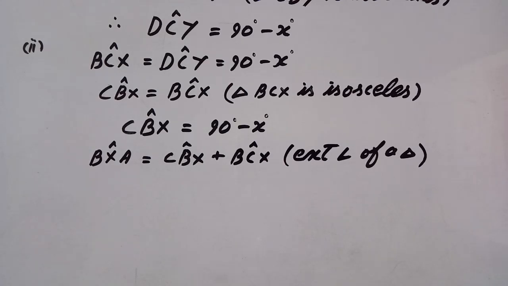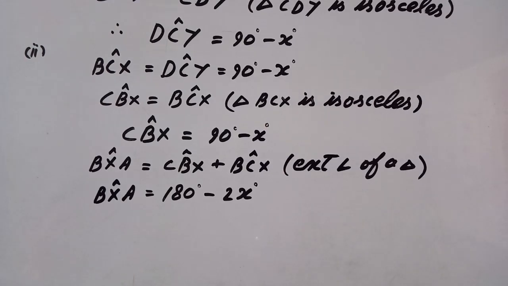Why? Because of the exterior angle of a triangle. So BXA equals the sum of these two. Each one was 90 minus x. So BXA equals 180 minus 2x. This way we have found the angle BXA.